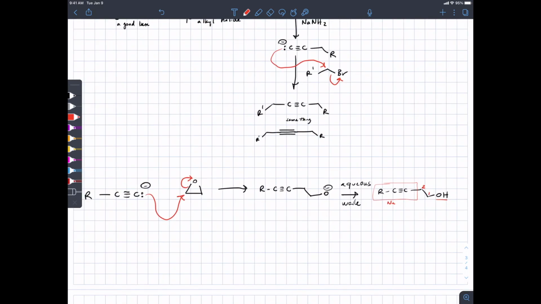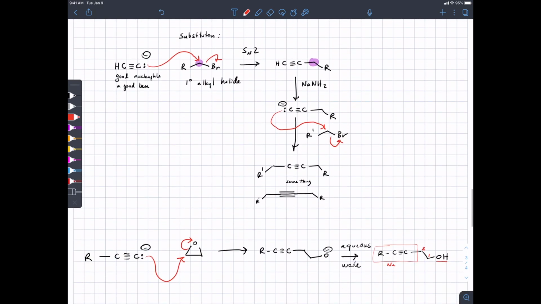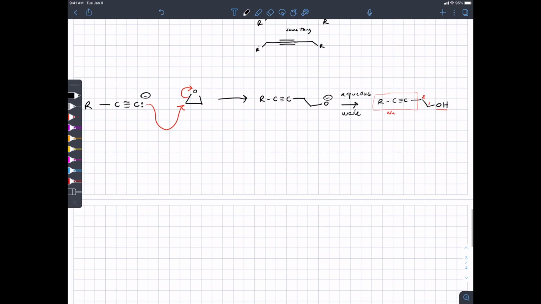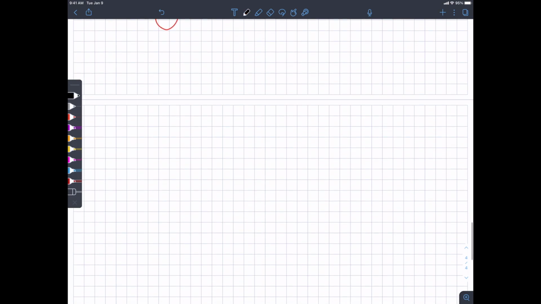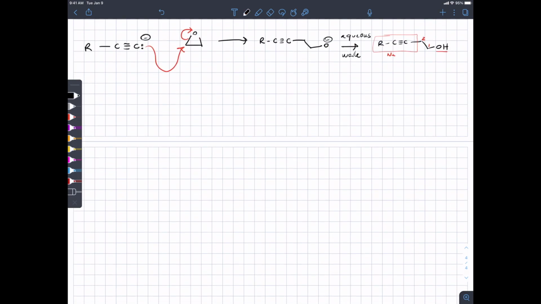So sometimes on synthesis problems, somebody might say, okay, I want you to make this alkyne using only this alkyl halide. All of the carbons in the alkyne have to come from this alkyl halide.